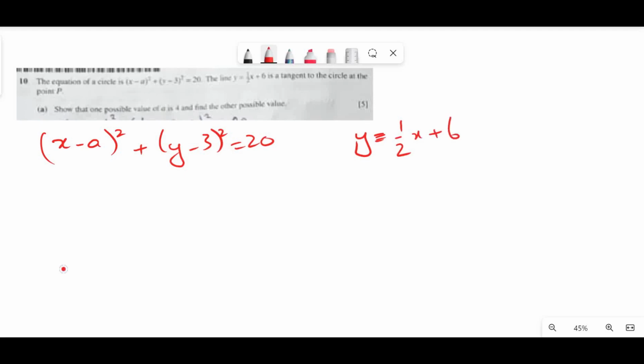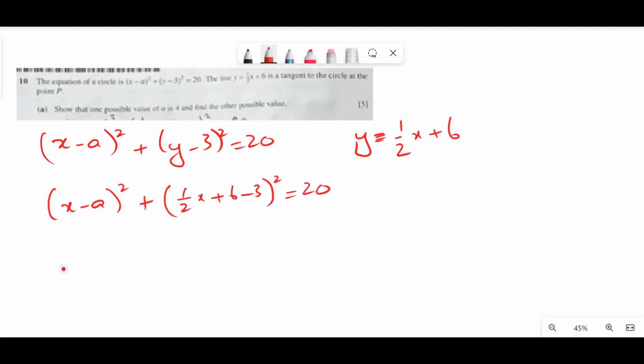So just put the value of y over here. This will be x minus a whole square plus 1 by 2x plus 6 minus 3 whole square is equal to 20.